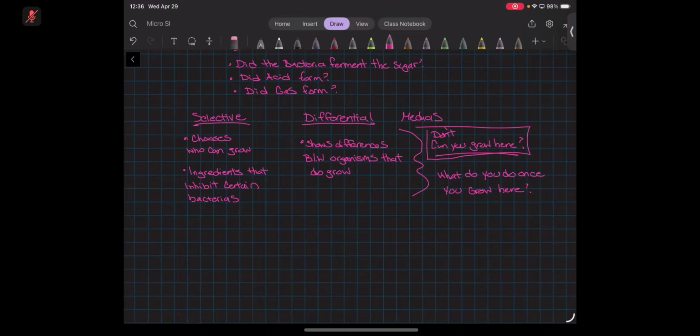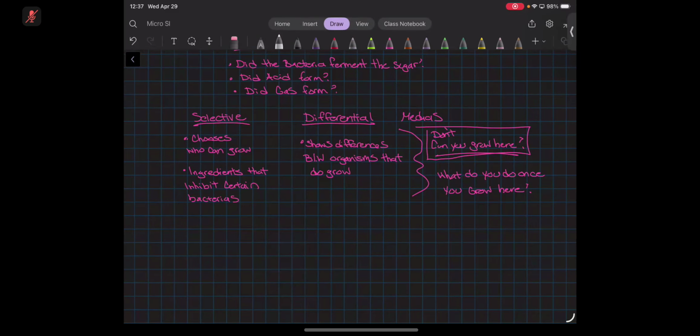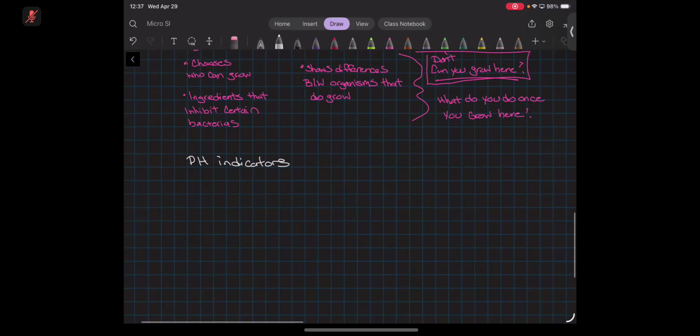Okay, we're gonna talk about our pH indicators really fast. We have three. Our first one is gonna be phenol red.